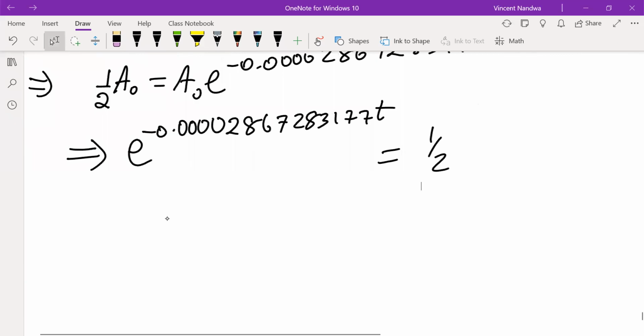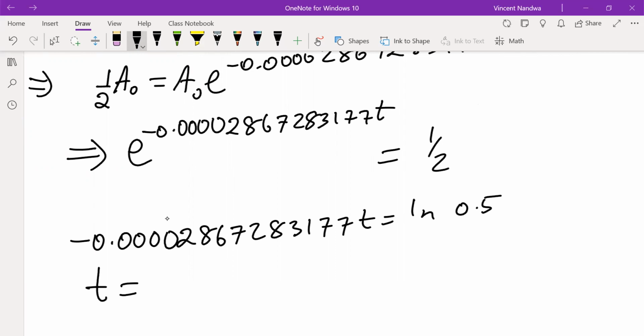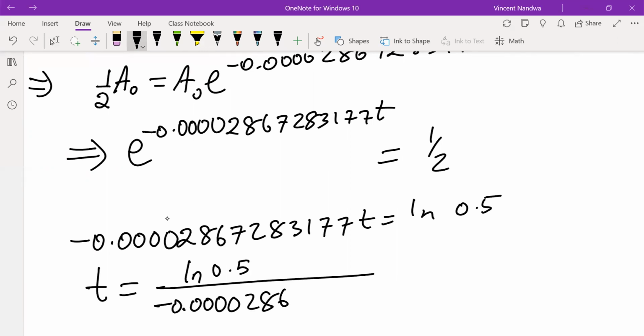Now, getting ln on both sides, we have negative k t equals ln of 0.5. So t will be ln of a half over negative k.